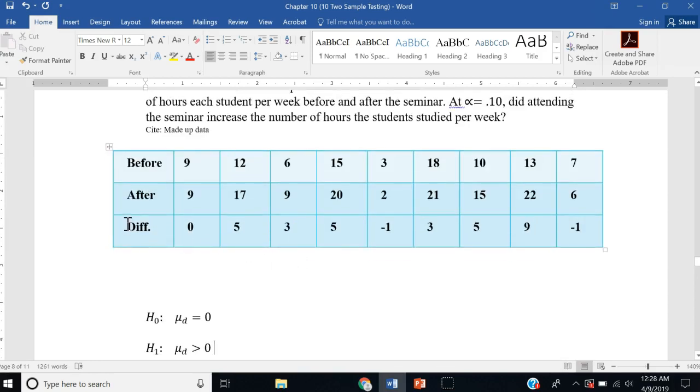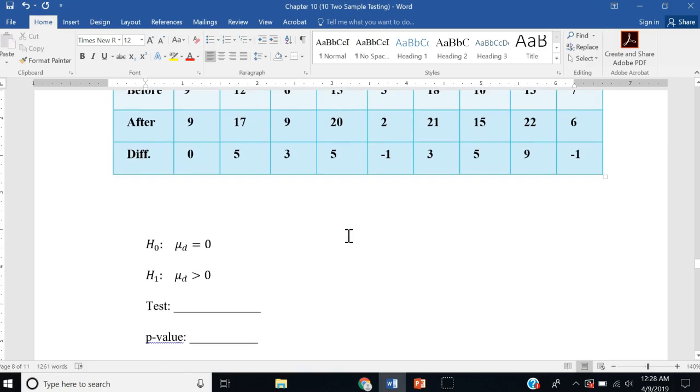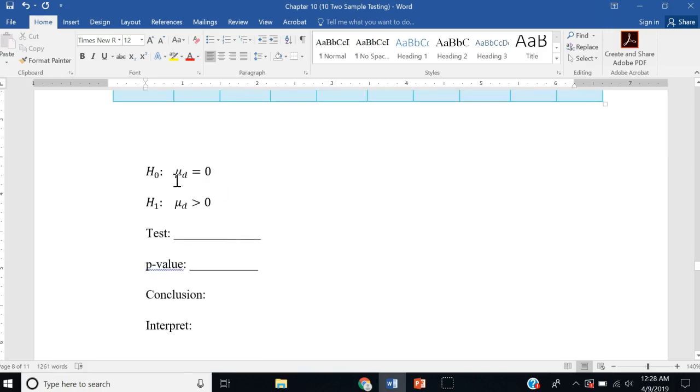Again, we basically crunch this table down, we erase the before and the after, and all we're looking at is the differences. And the null hypothesis is that there was no change. No change would mean 0 difference. An increase would be a positive, so it would be greater than 0. If it were a decrease, we would use less than 0.